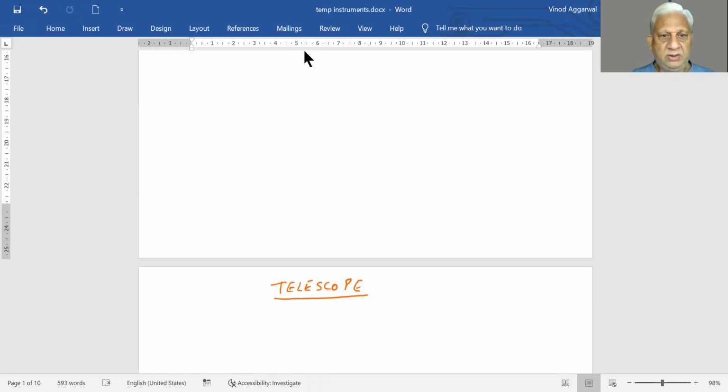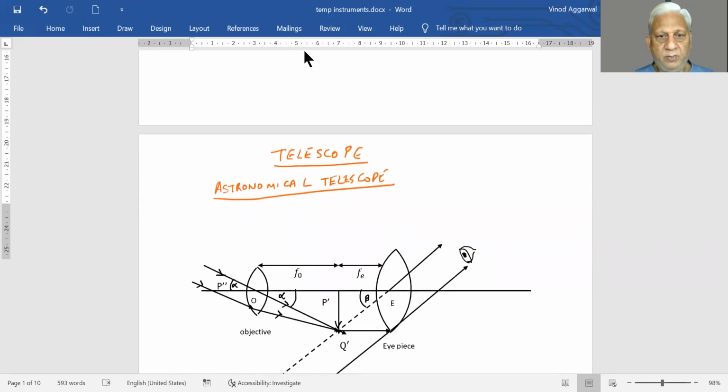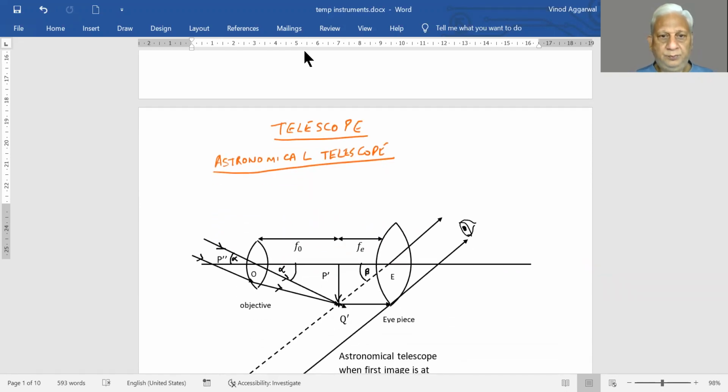Let's see the basic construction of an astronomical telescope. Let's look at this construction. The telescope has two lenses.